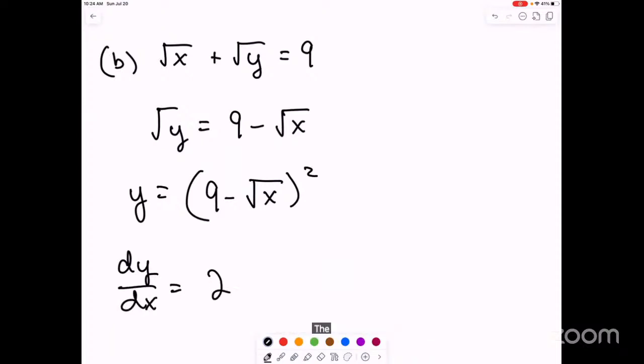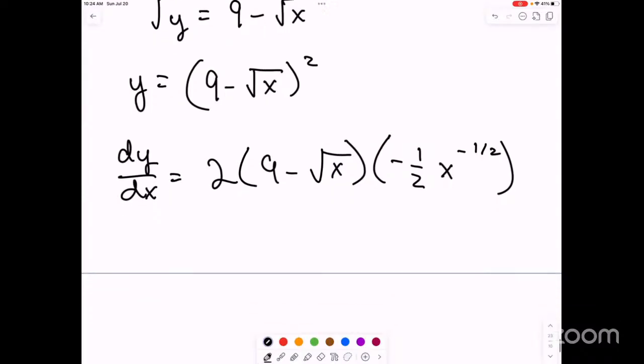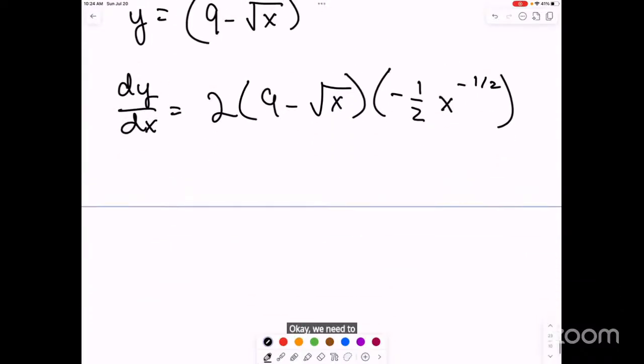The 2 comes down, and the derivative of the inside function. Okay, we need to simplify. So it looks like this half is canceled by this 2.